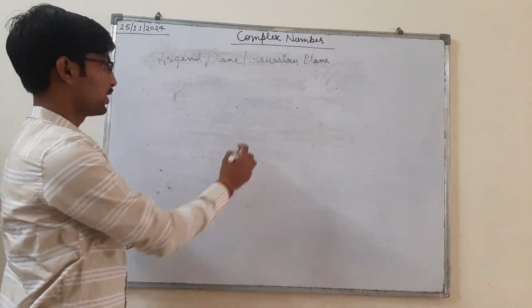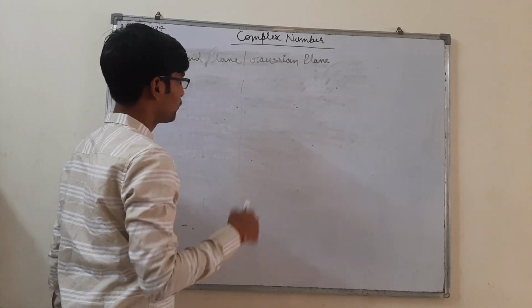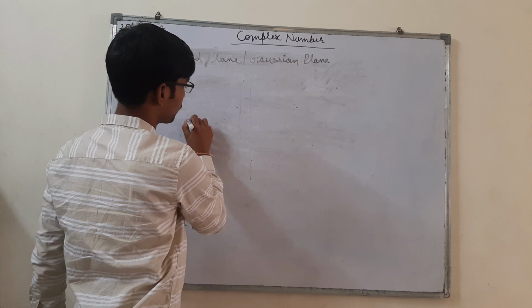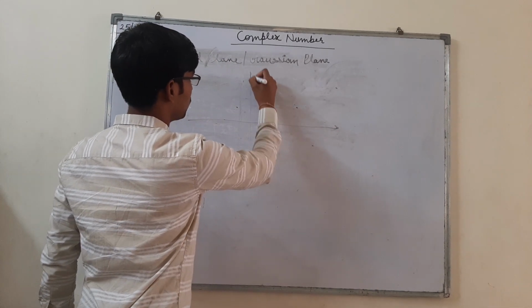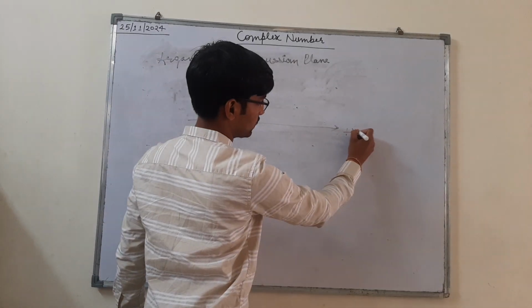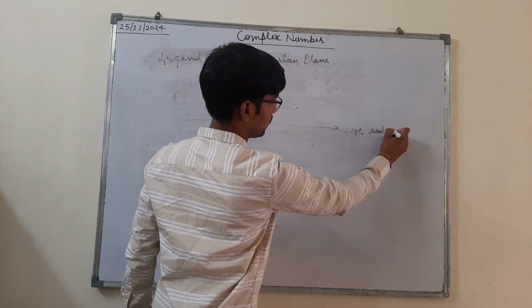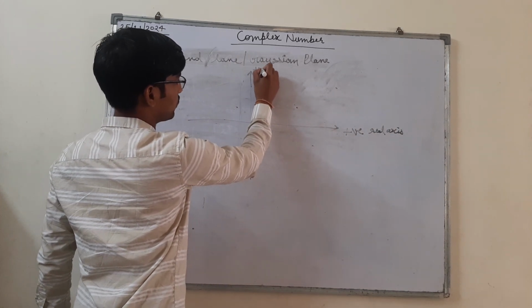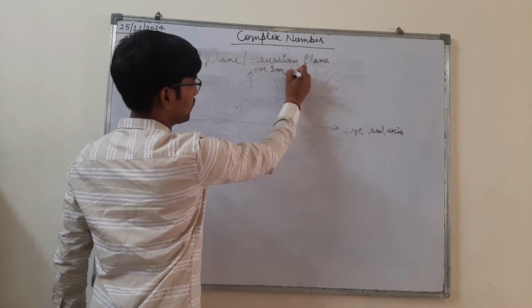Now, what is the Argand plane? We see this is an axis. This horizontal axis is the positive real axis, and this is the positive imaginary axis.